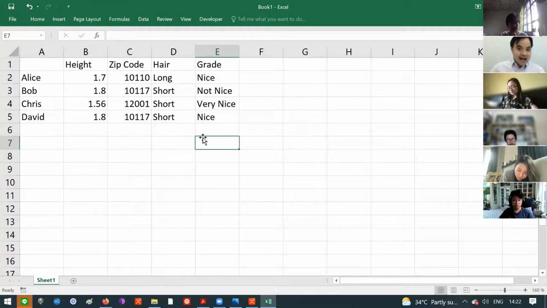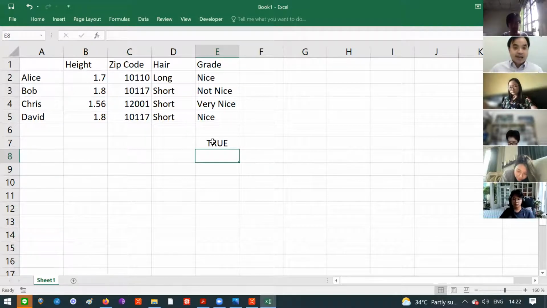Now, is nice here equal to nice here? True. My question is, is Alice Bob? Is Alice David? Alice is not David. So equality here is an equality of attribute.